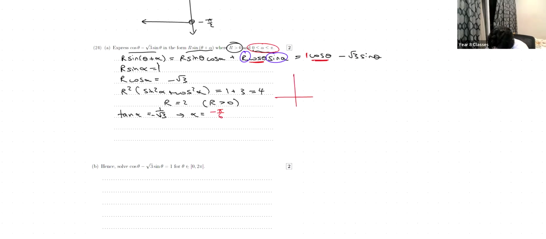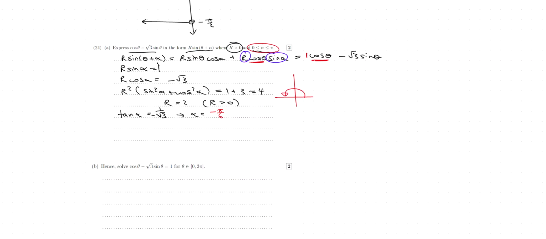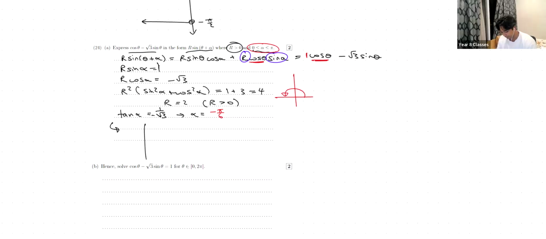But can it though? Because we have tan alpha equals minus 1 over √3. This is where you need to be careful about just putting a tan inverse on your calculator. Here's where you would need to consider the unit circle. From our quadrants, we know we can't be looking at T and C because we're only looking between 0 and pi.